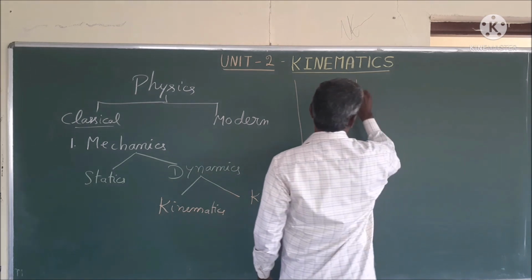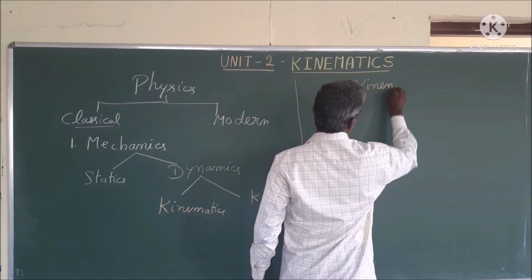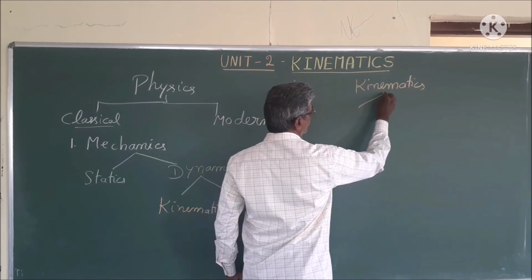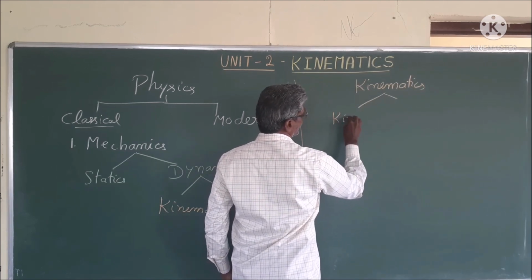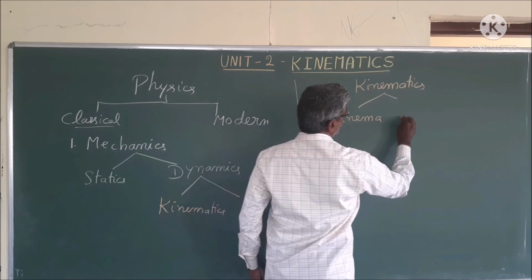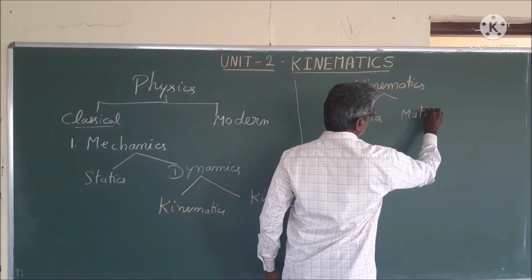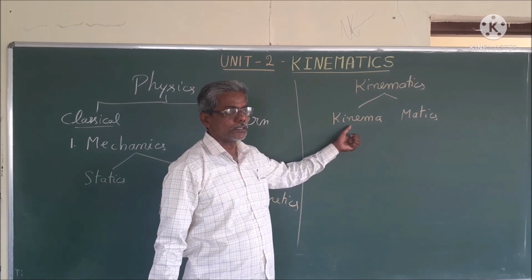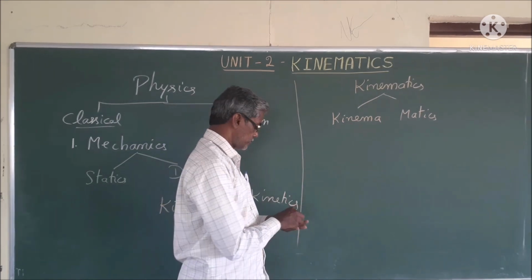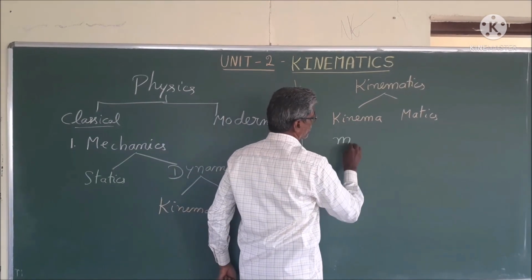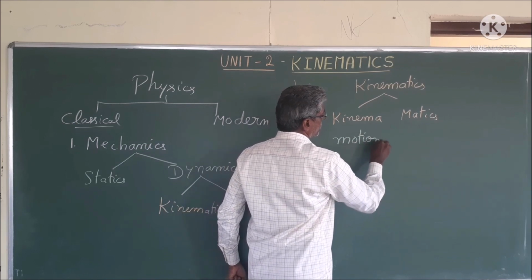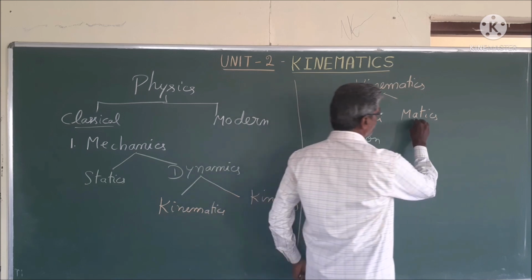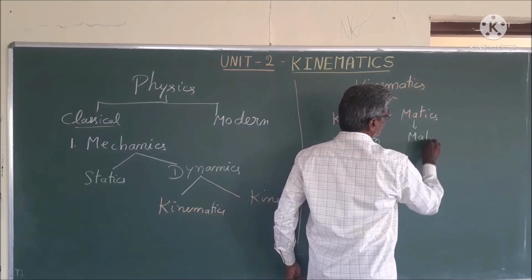This kinematics can be split up into two parts: one is kinema, the other one is matrix. This word is a Greek word meaning motion. In Greek, kinema means motion, and matrix is nothing but mass.